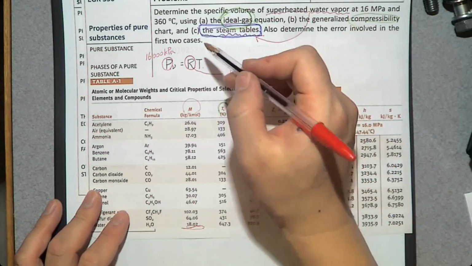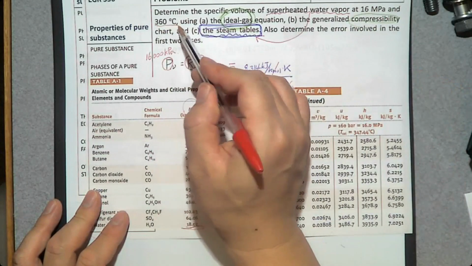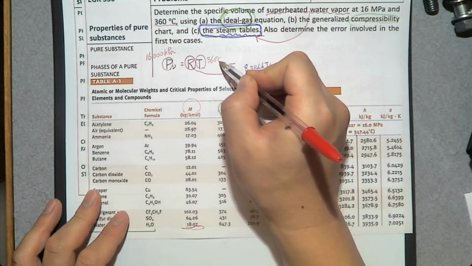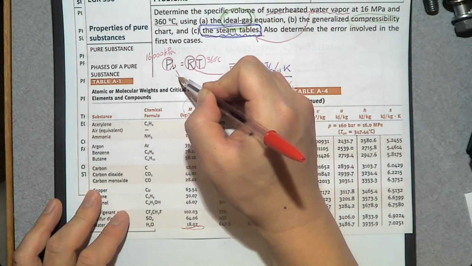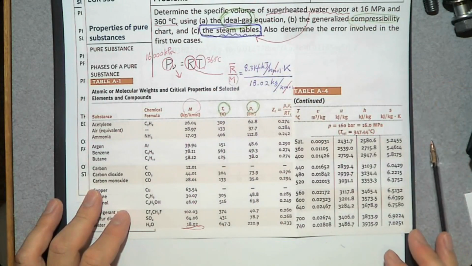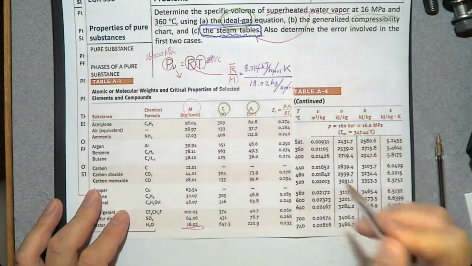And the temperature of the system is 360 degrees Celsius. So if I write 360 degrees Celsius, we can determine the specific volume. Is that right? Right. It needs to be in Kelvin. You remember there was 7 stars, right?